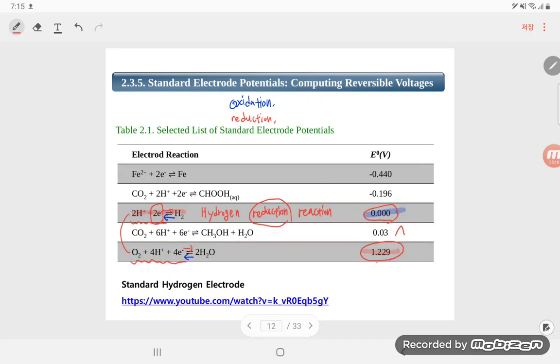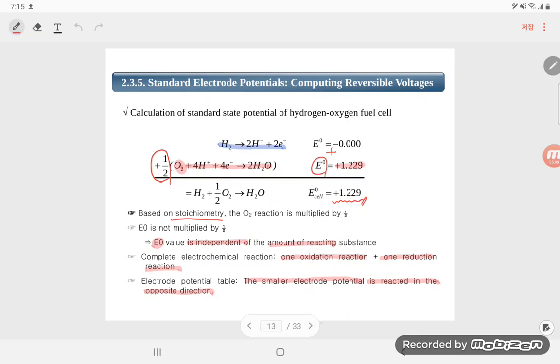So this reaction happens in the forward, and this is lower than this one, so the reverse reaction occurs. Okay, the reverse reaction means the oxidation, right? The opposite direction. Okay, by using this one, we can calculate the full cell voltage.